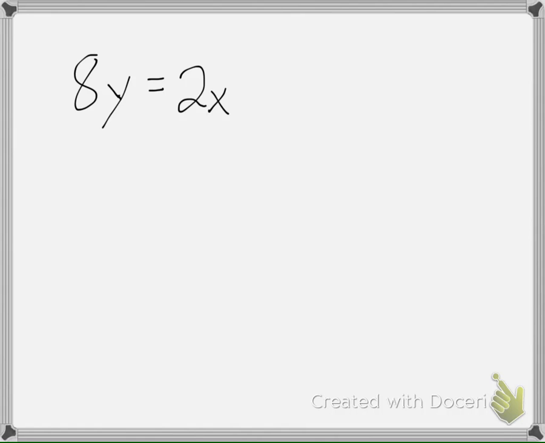You cannot state whether it's direct variation or not until you put it in y equals form. Here I don't have y equals, I have 8y equals. So I can't decide whether it's direct variation or not yet. Before I decide that, I need to solve for y.